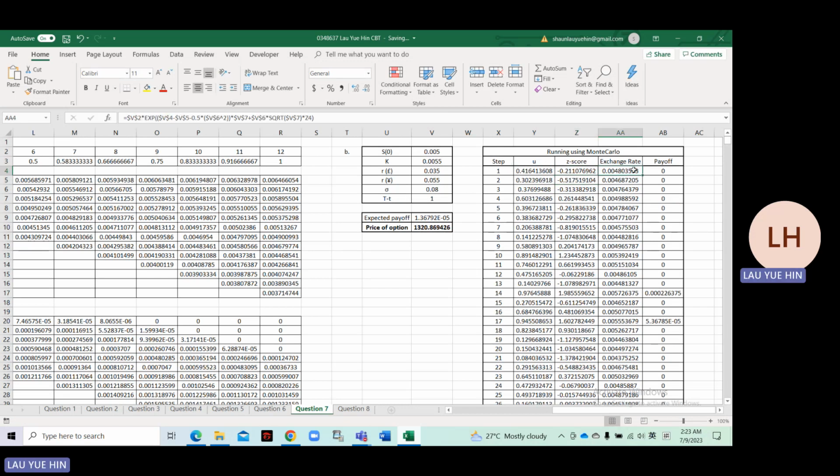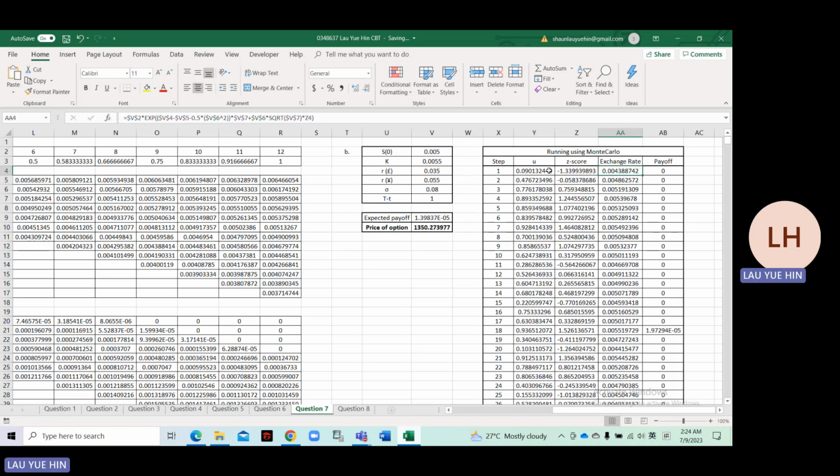And then the exchange rate is actually S0 times exponential of (R pound minus R yen minus 0.5 times sigma squared) times (T minus t) plus sigma times square root of (T minus t) and times the Z score.